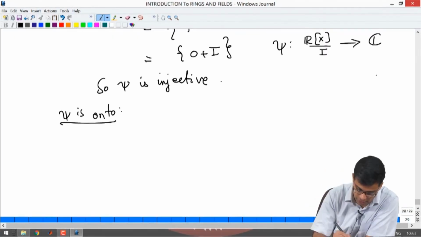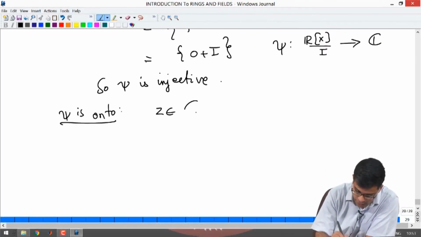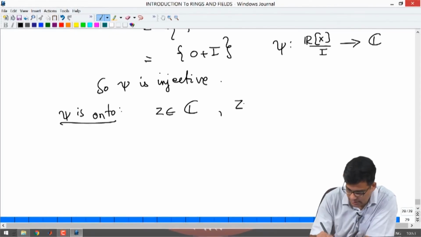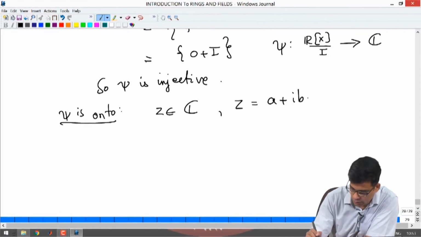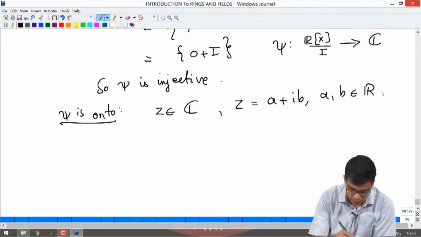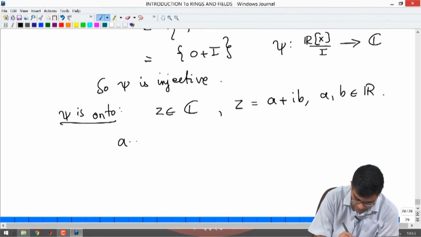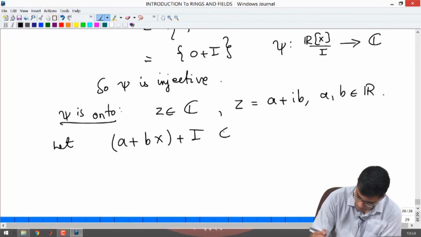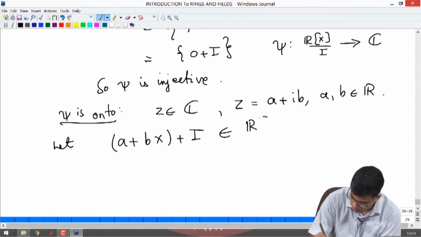And ontoness is clear, because if z is a complex number, write z as a plus i b, where a and b are real numbers. Consider the element a plus b x plus I in R[x] mod I.